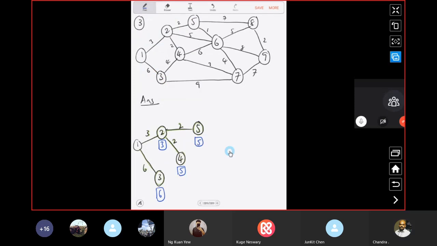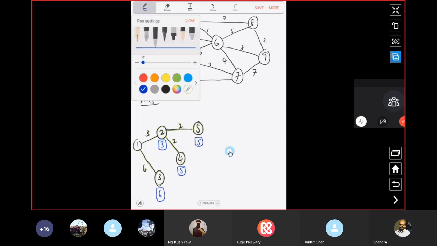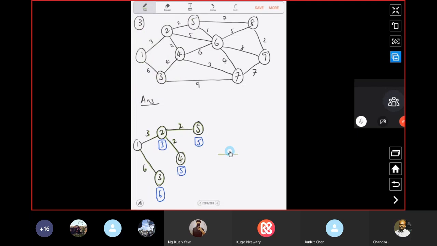Again 5. Next is 6. How is 6 connected to the group? Through 5, through 2, and through 4. Okay.